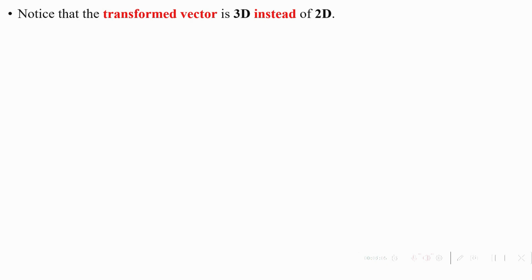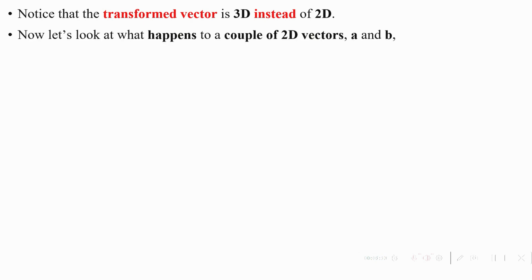Now the transformed vector is 3D instead of two-dimensional. Suppose we have a couple of vectors, a and b.